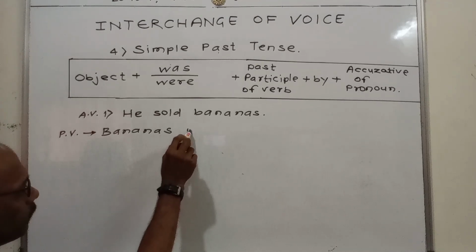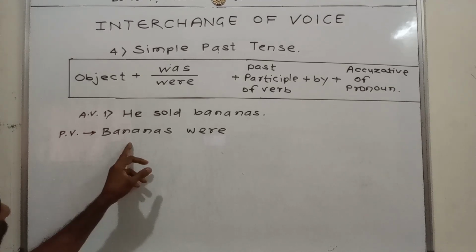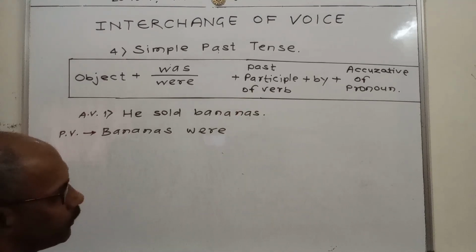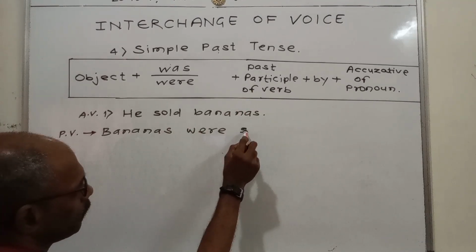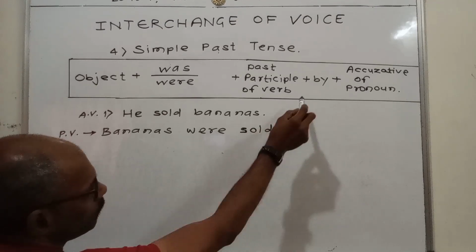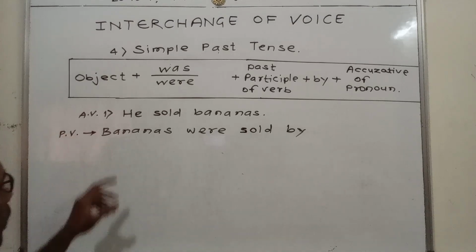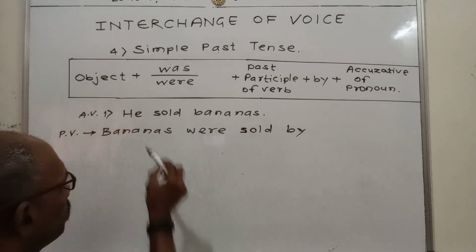Then we write here bananas were. Did you get it? Bananas were, then past participle of verb. What is sold? Then we put here by, and finally accusative of pronoun.